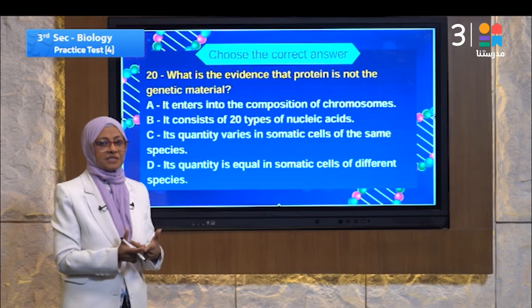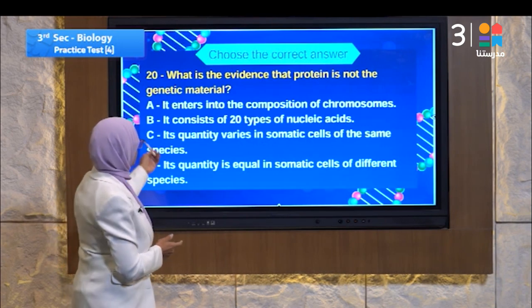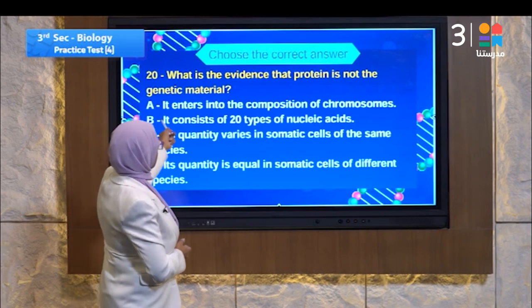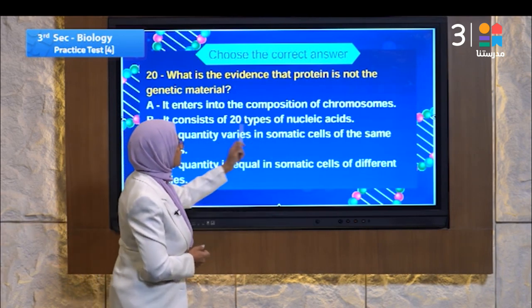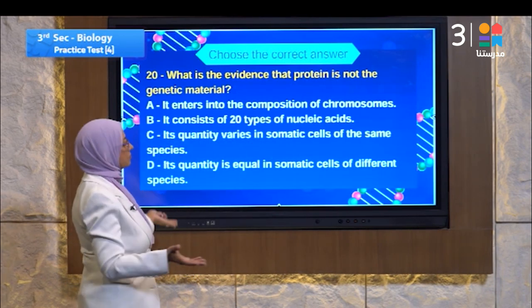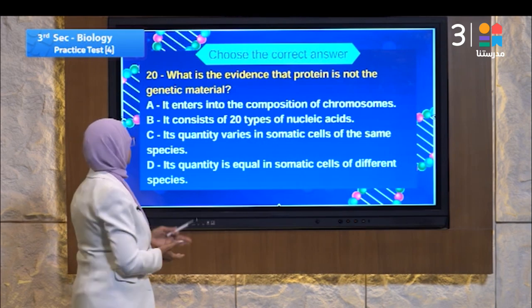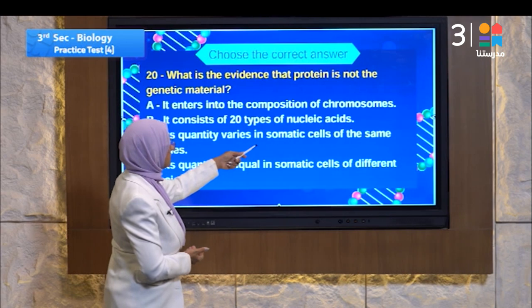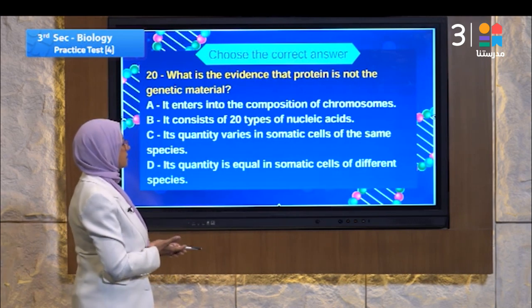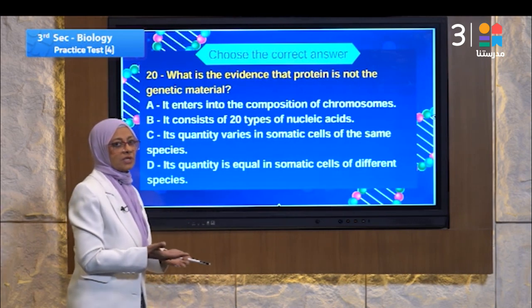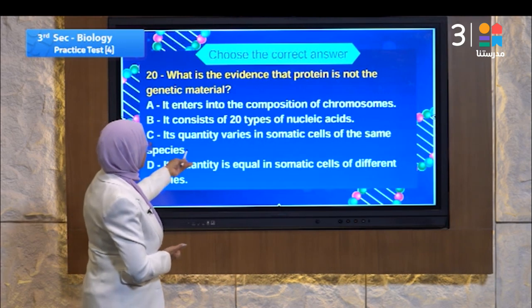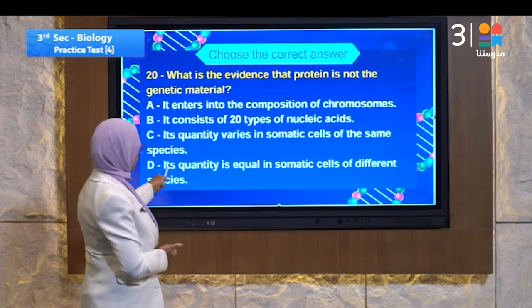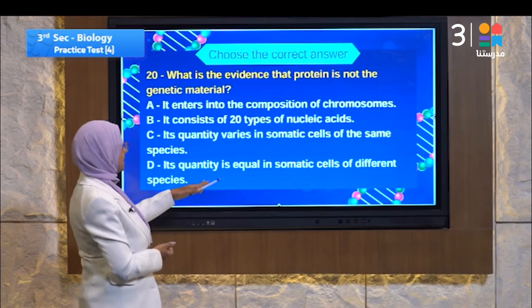What is the evidence here? Let's read the choices, then decide. Number A, it enters into the composition of the chromosome. It's not an evidence. Number B, it consists of 20 types of nucleic acid. No, it's a character of the protein, but it's not an evidence. C, its quantity varies in somatic cells of the same species. Let's think.